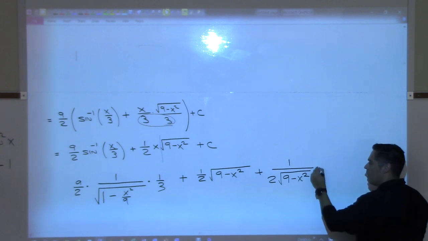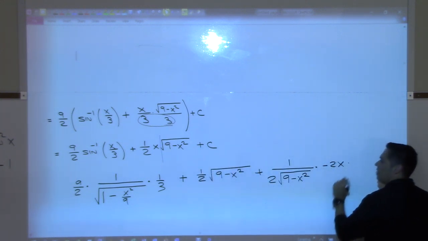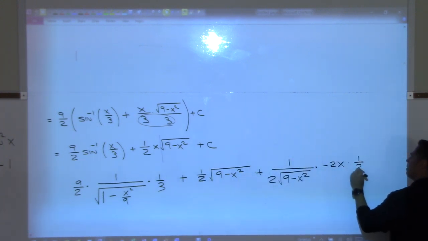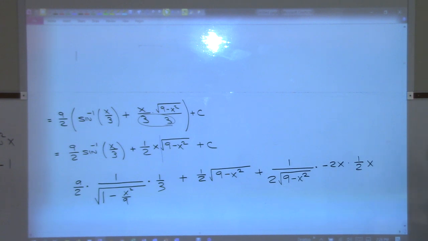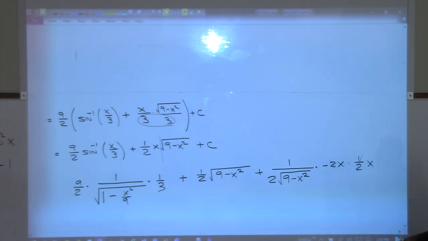Right? Times the derivative of what's in here, which is negative 2x, times the first function. Right? That's it. Maybe we messed up. Okay, those are gone, right? Yeah, I think that's good.